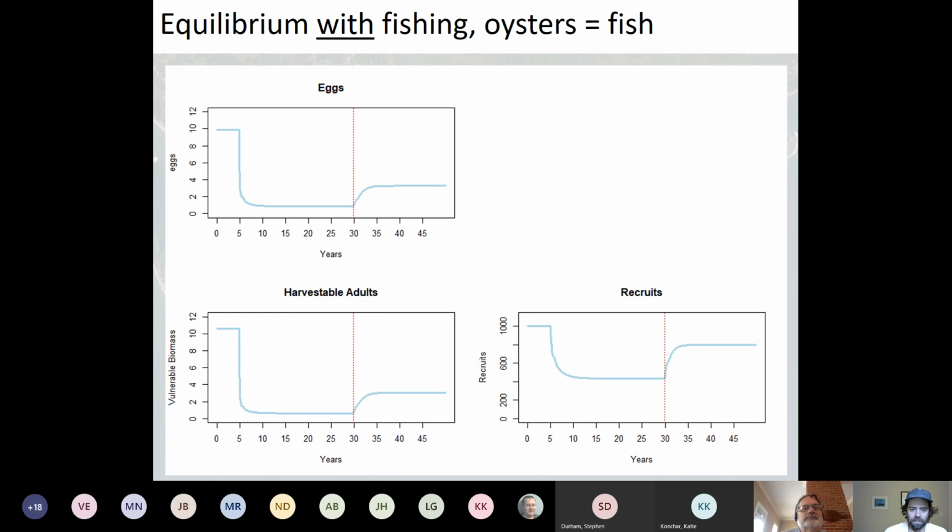And again, I'm not telling you this because I think you don't know it. It's helpful to see it. I know that many of you know this better than me. And if you have that simple situation and then you say, hey, let's constrain fishing effort a little bit, that's what this red dotted line is, you have bounce backs in the recruits, the harvestable adults, and the eggs in the system. That's what we would expect.